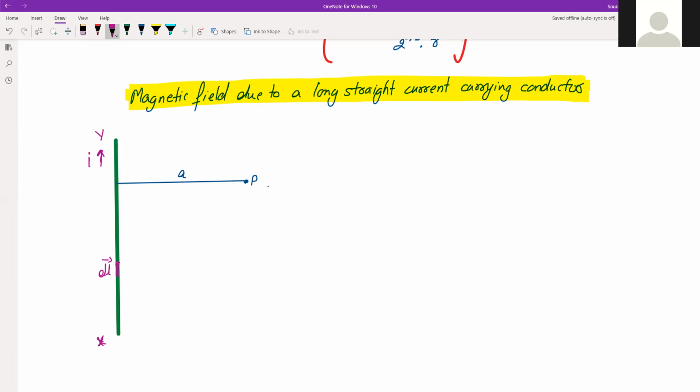Suppose this dl is at a distance l from this point, let us say this point is Q, that is the foot of the perpendicular from P on the current carrying conductor, right? And let that be at a distance l, so at distance l there is a current element dl.